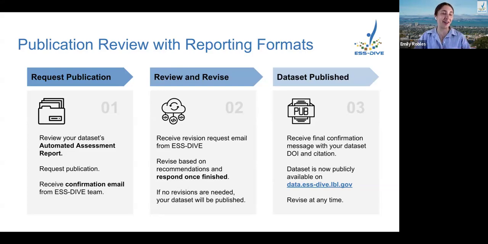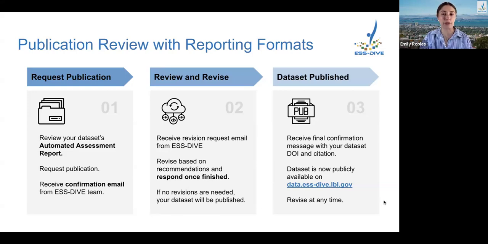We go through our review process and send revision requests directly to you before publication. And then if no revisions are needed or all revision requests have been addressed, the new data set is published with a DOI and a confirmation message is sent directly to you. This is a very high level, just 1, 2, 3 step of the publication process.